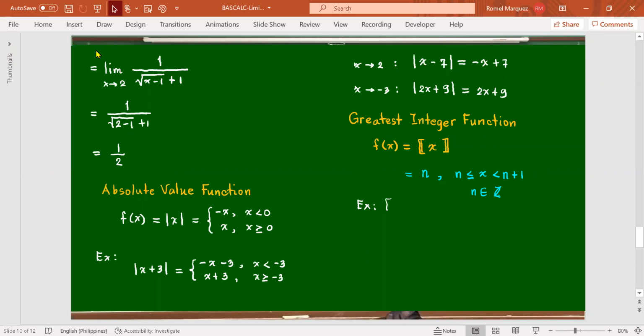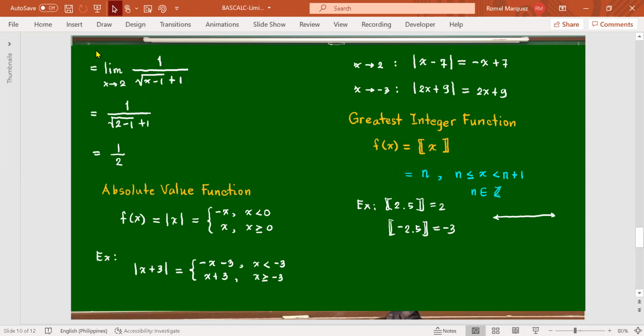So, ano ang greatest integer ng, let's say, 2.5? So that is equal to 2. 2 po. Yung greatest integer ng negative 2.5, guys? Negative 3. You are pulling it to the left. Always pull it to the left. Negative 3 po. Pag kayo nalilito, you draw it on a number line.